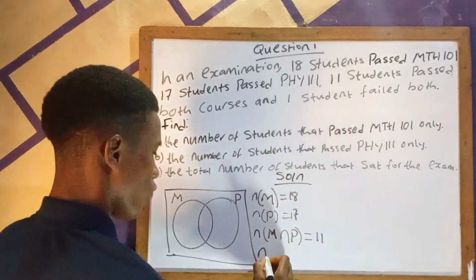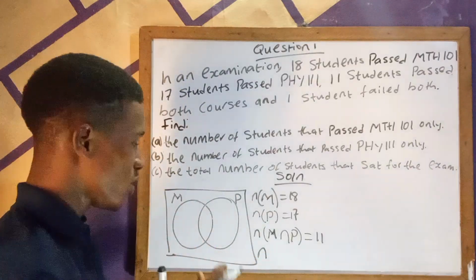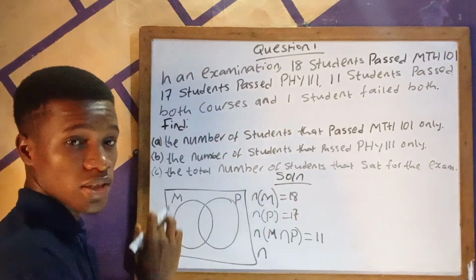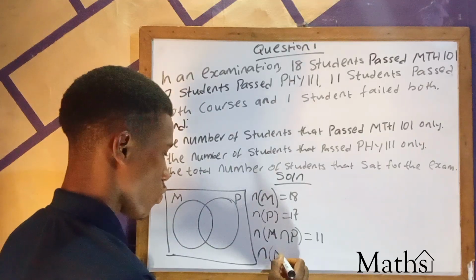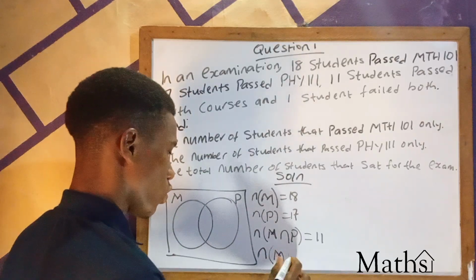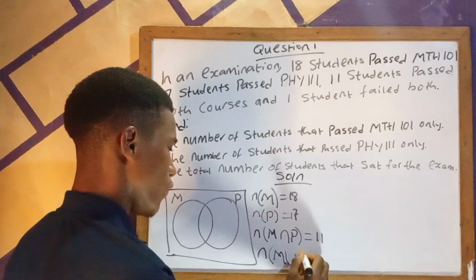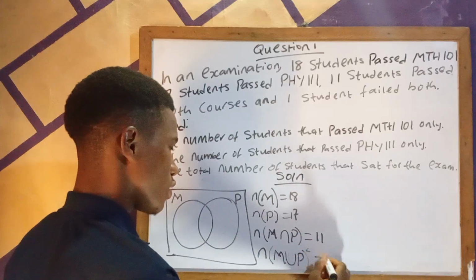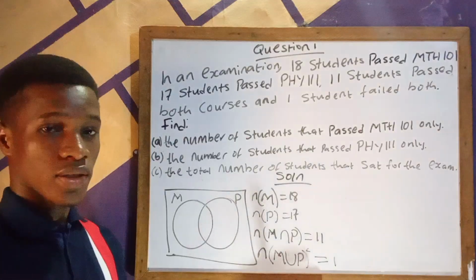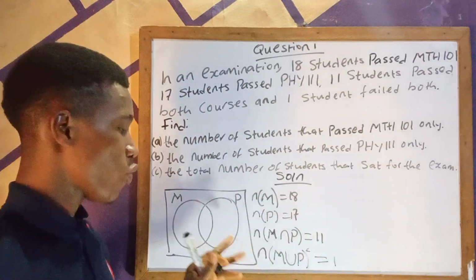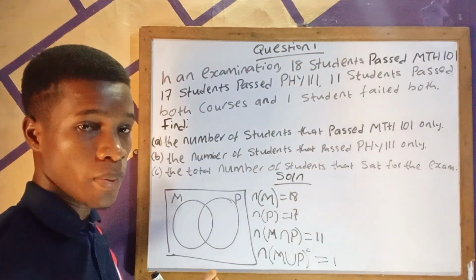So failing both courses means not being inside these two sets. Are you seeing it now? So the cardinality of Math 101 union Physics 111 complement is 1 student who did not pass the exam.